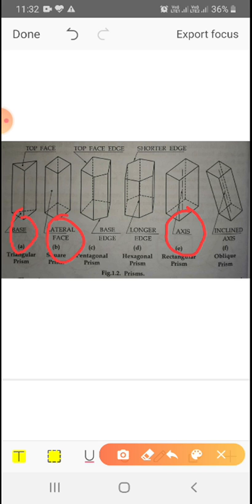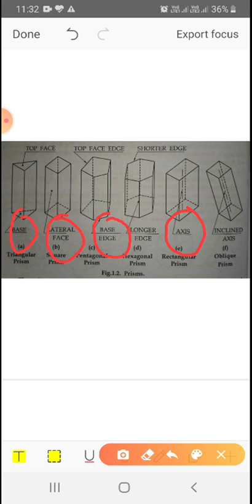A short edge is also called a base edge. You can see the base edge here. The sides of the end faces are called base edges, or short edges.